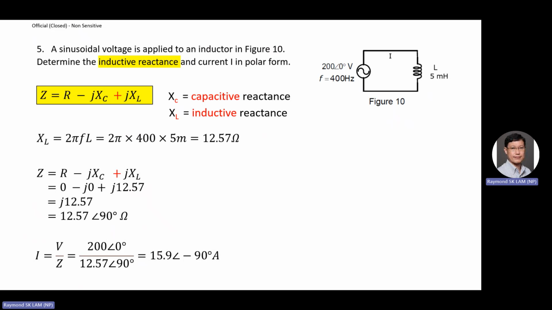R is resistance, as usual. Okay, so we are given this circuit. We are asked to calculate the current going through the circuit. To calculate the current, we apply Ohm's law.